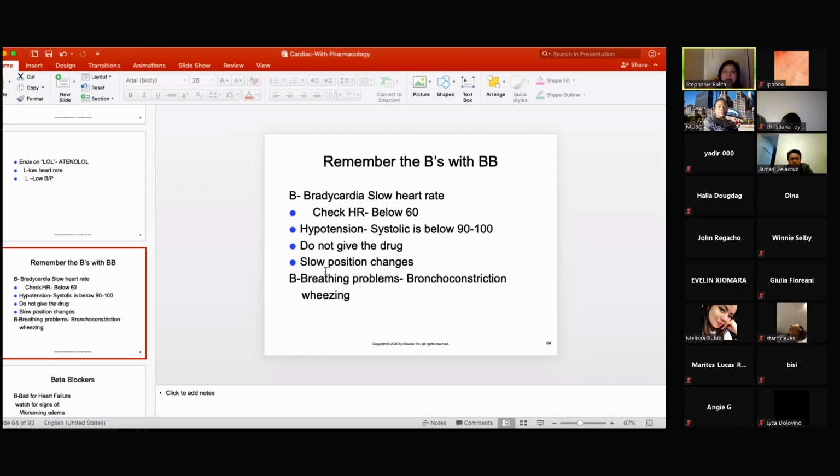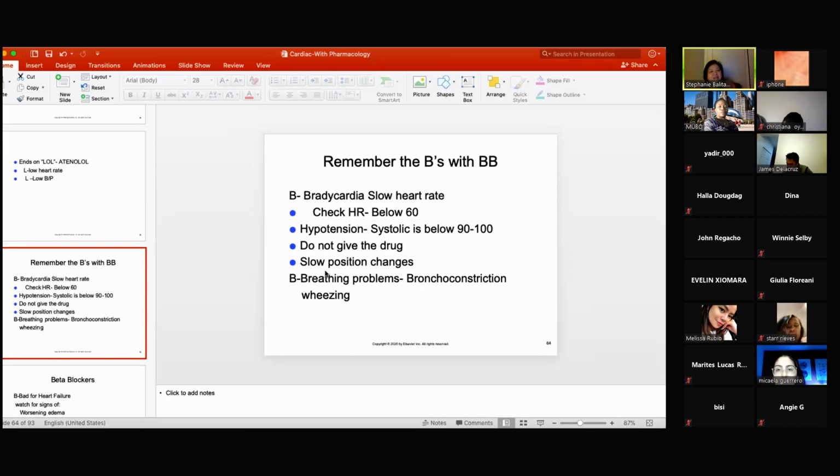The other B for your beta blockers is breathing problems. We already know we cannot give it to patients that have COPD or asthma because it blocks beta receptor 2, which is in the lungs, and it causes bronchoconstriction.